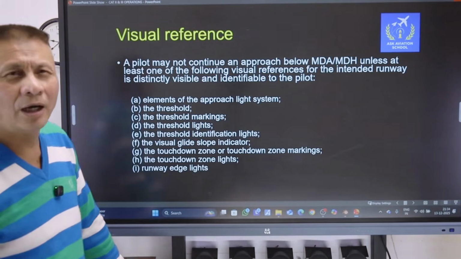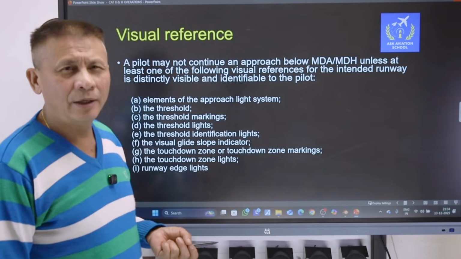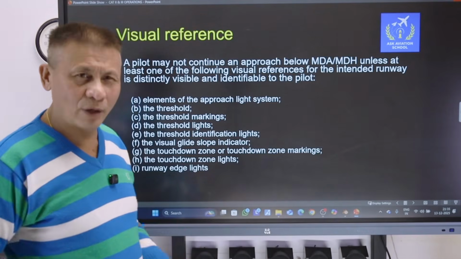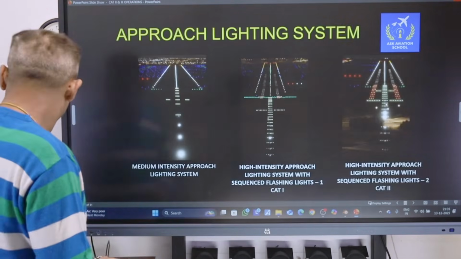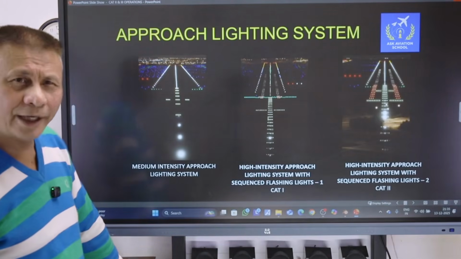This constitutes the visual reference system. We'll talk about it as we discuss different types of categories. So this is how the approach lighting systems look.